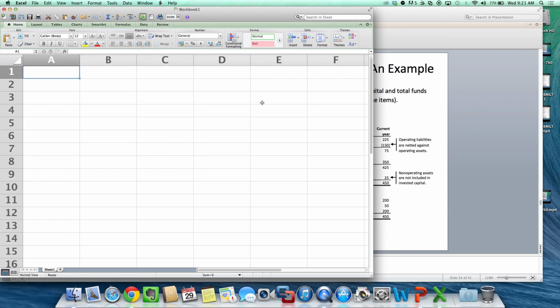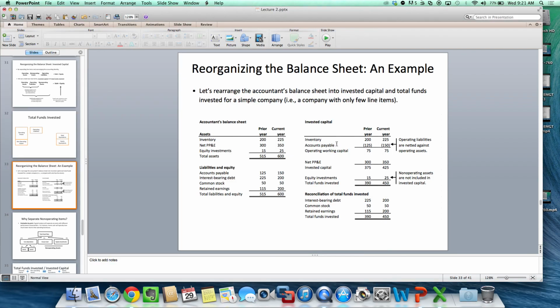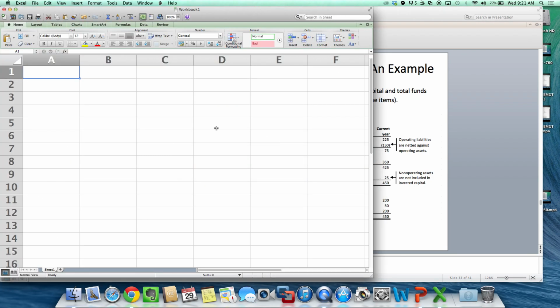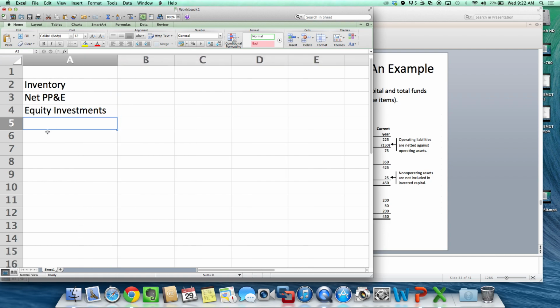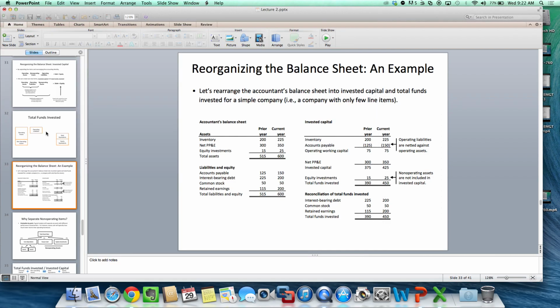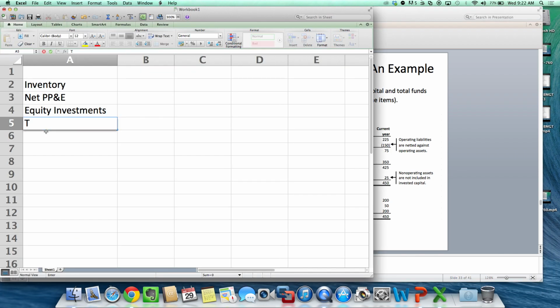We have a very simple Excel balance sheet. We have inventory, PP&E, and equity investments, and that is going to equal our total assets.